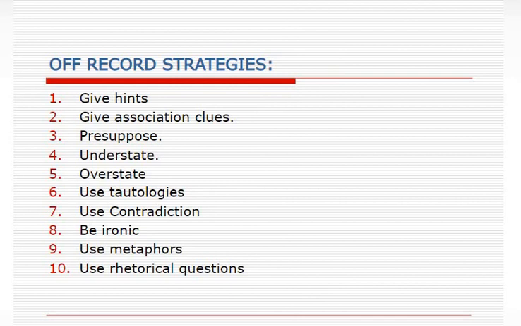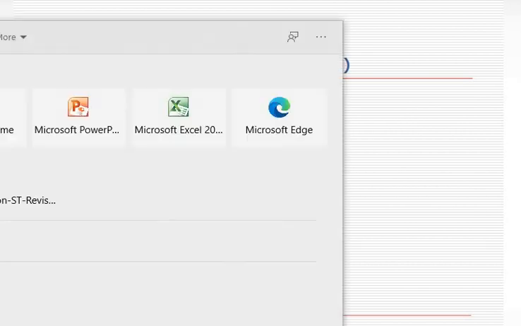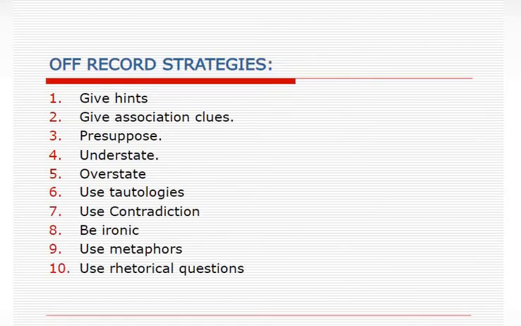Give hints. Giving association clues. Presuppose, understate, overstate, use tautologies, use contradiction, be ironic, use metaphors, and use rhetorical questions.